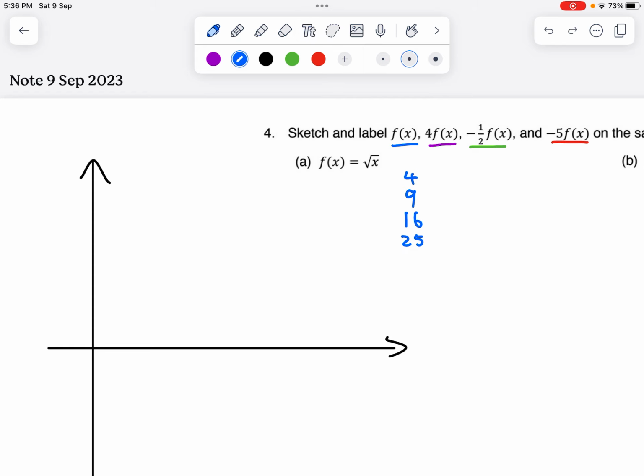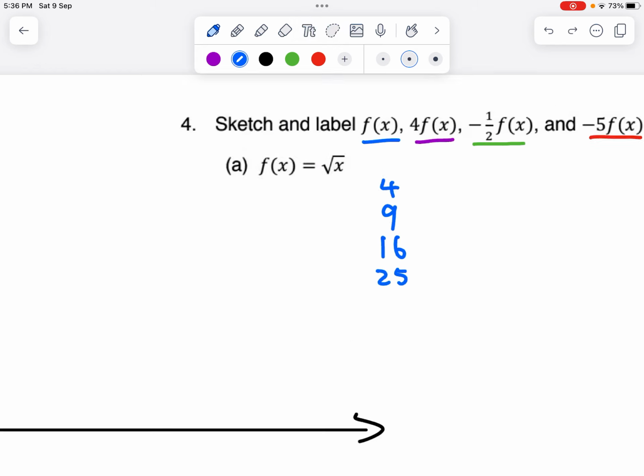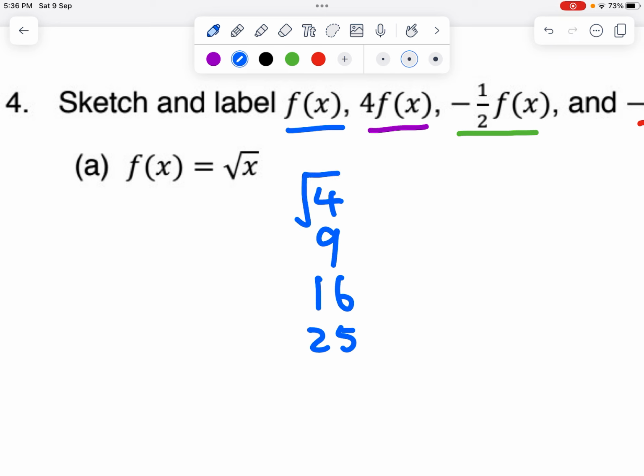And so let's say I don't know how to graph this, and then I can say, okay, what if x is 4? Then that would be 2, because 2 squared is 4. And then here it would be 3, because 3 squared is 9.